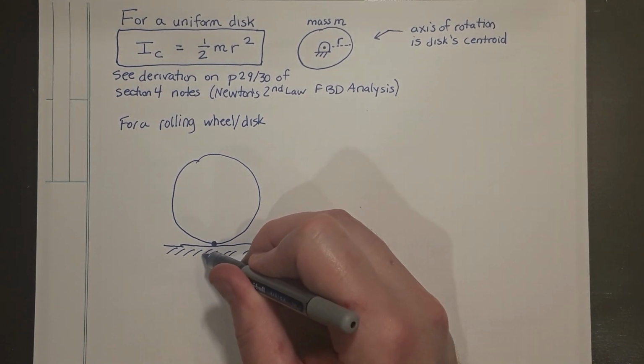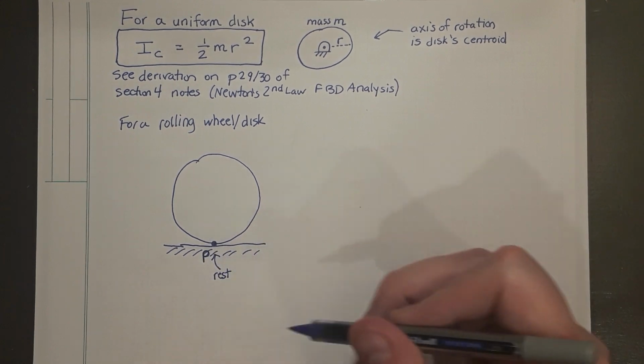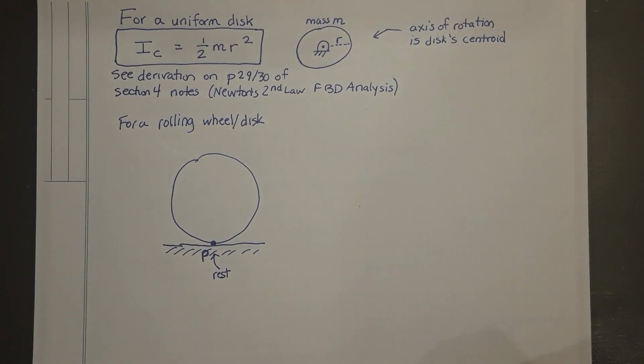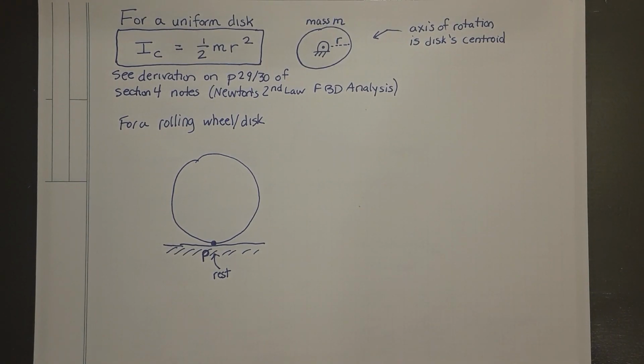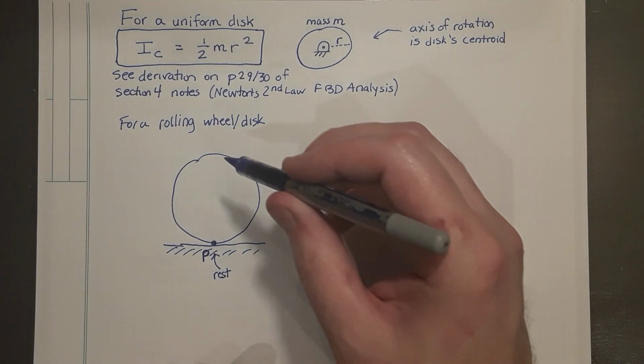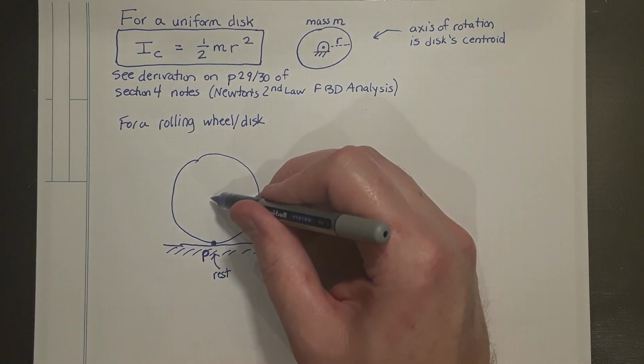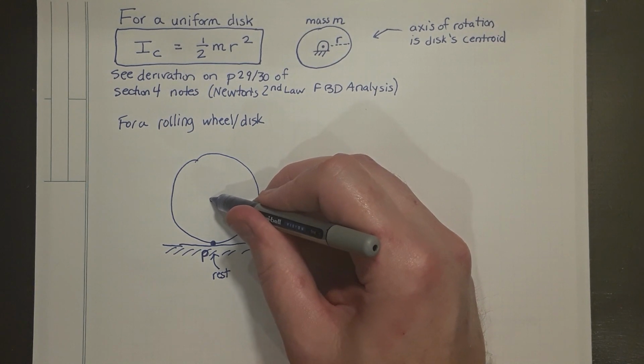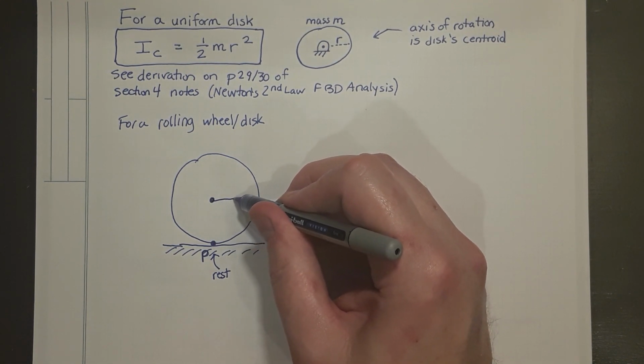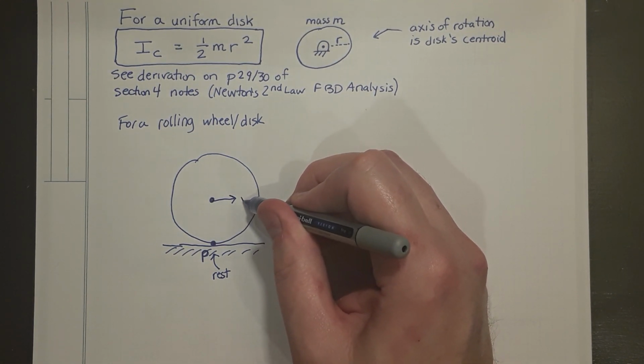And we're going to call this point P. It is the single point about which the object spins. Instantaneously, as the wheel rolls to the right, the center of mass of the wheel will have a velocity which is directed to the right.